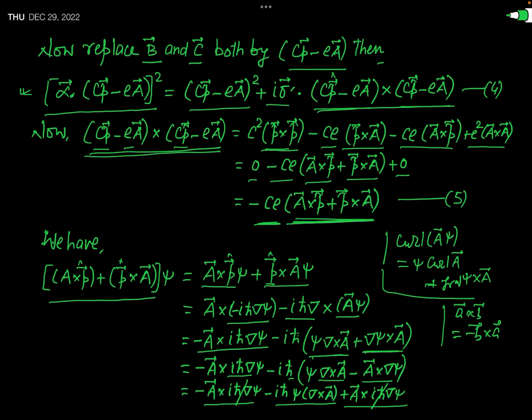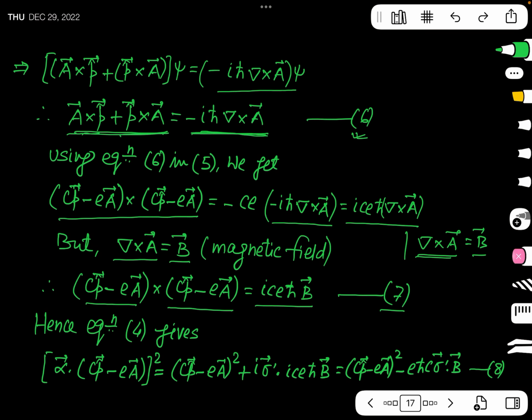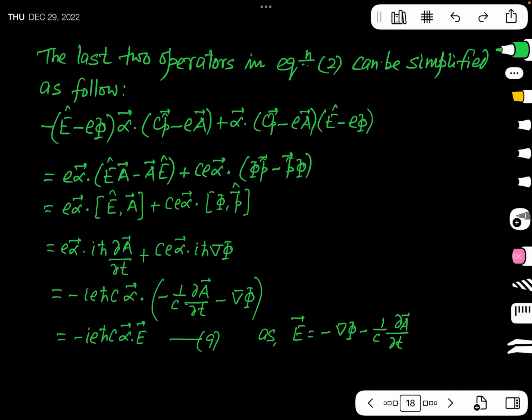In the RHS there is (Cp minus eA) square plus i sigma dashed dot this much. And we have obtained the value of this (Cp minus eA) cross (Cp minus eA), so in its place we will use the result we have just obtained.